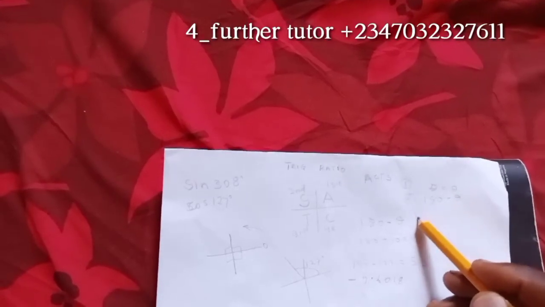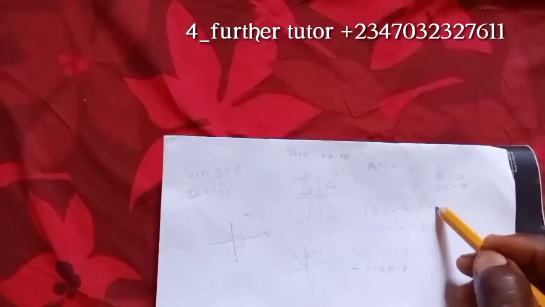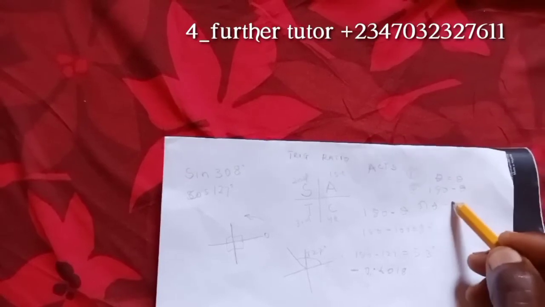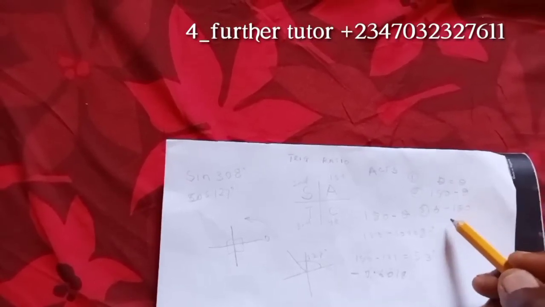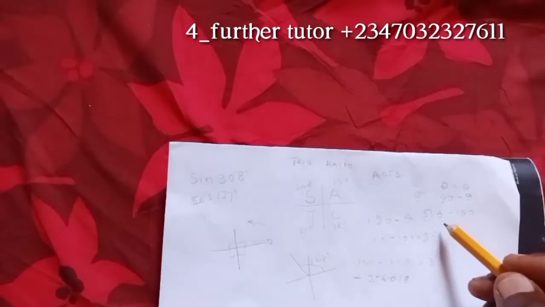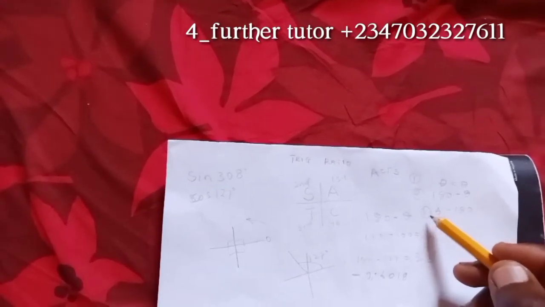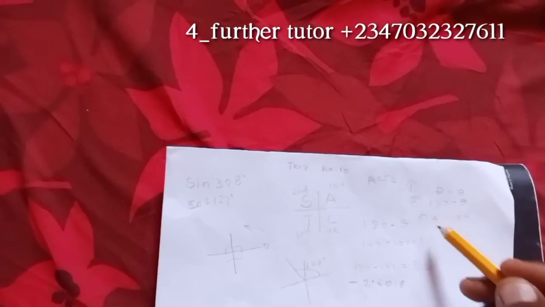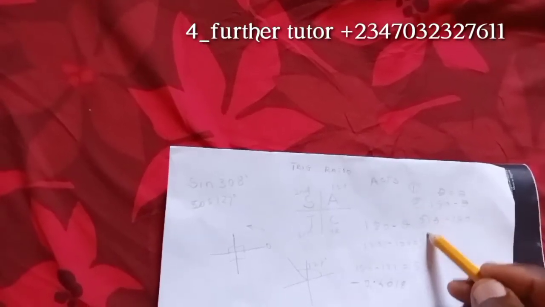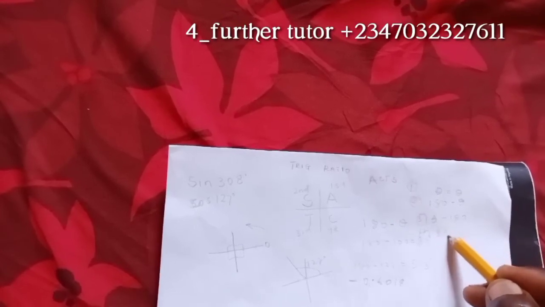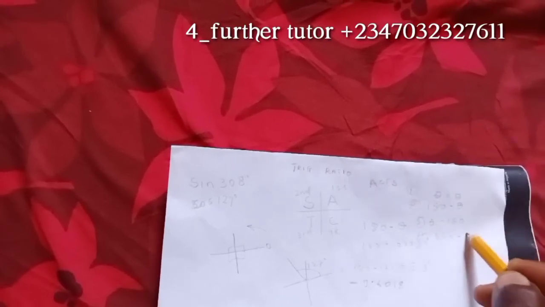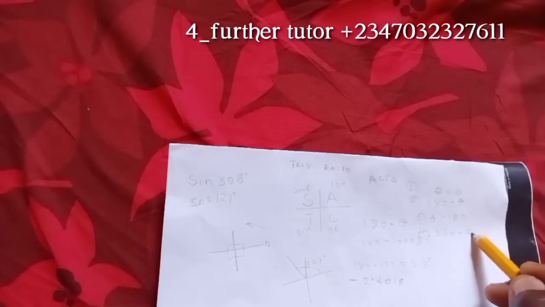Then in third quadrant, theta minus 180, because your angle is going to be bigger than 180. Remember, the third quadrant gives you up to 270. Then in your fourth quadrant, you will simply say 360 minus your theta.